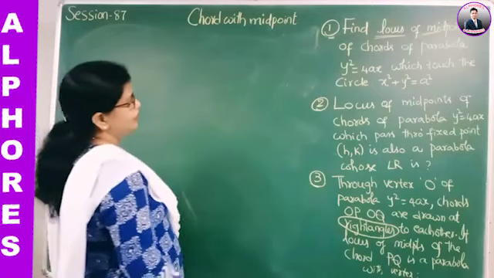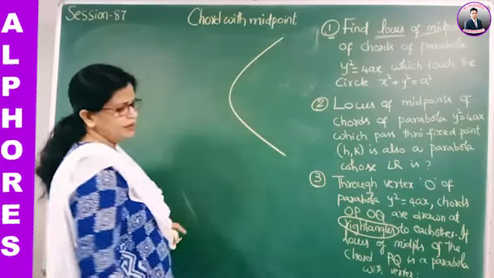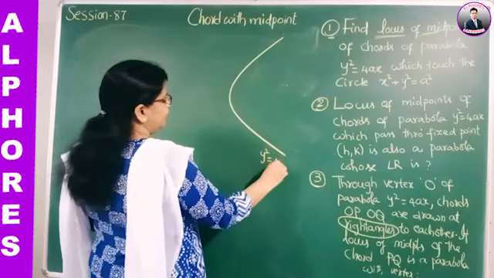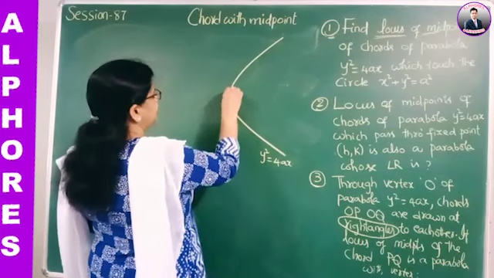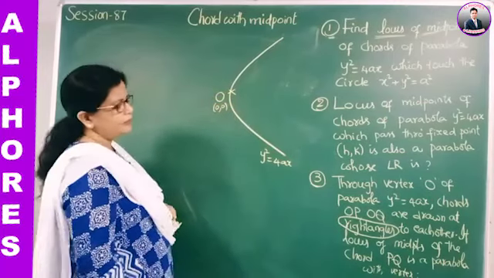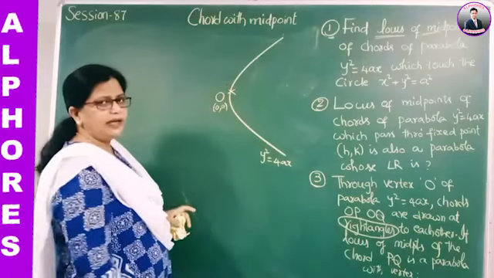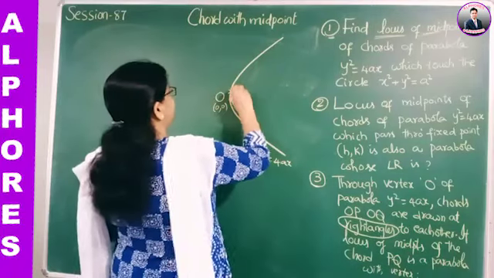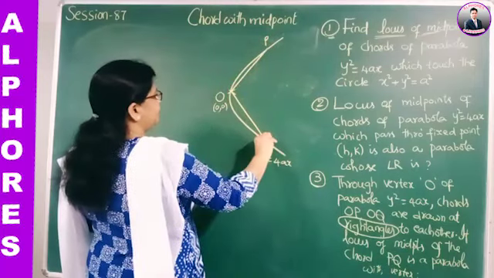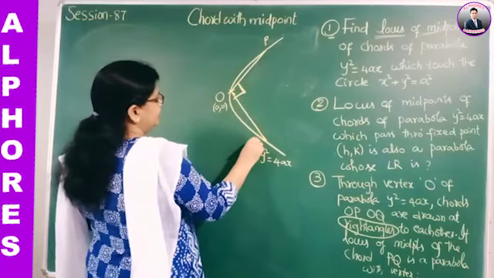And now let us observe the diagram. It is given y square is 4ax, and this is the parabola y square is 4ax. And now what is the vertex? They said O, and we know clearly it is the origin. And what is the other data given? OP and OQ are at right angles. So OP is one chord we have taken, and this one is OQ, and the angle between them is exactly a right angle.